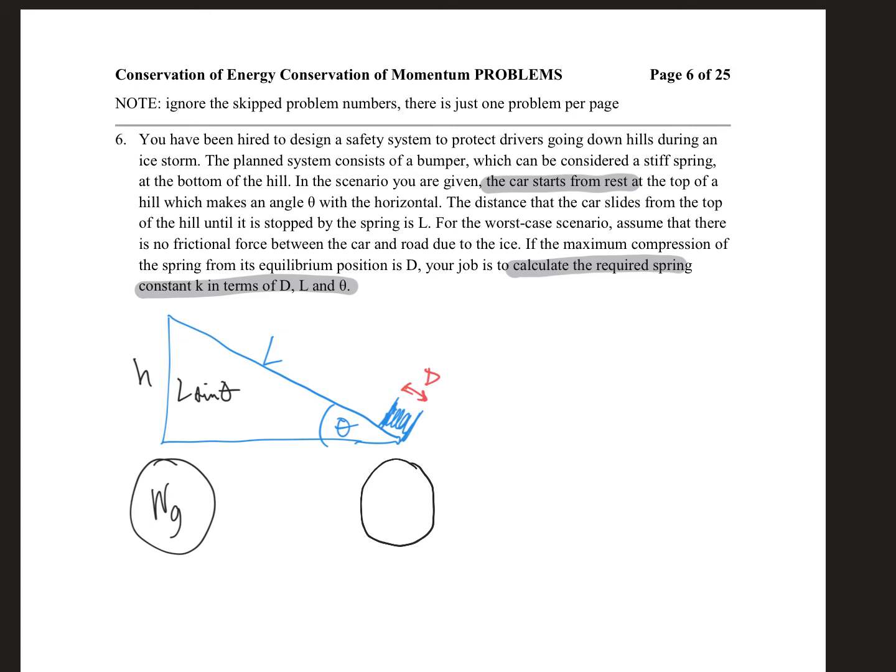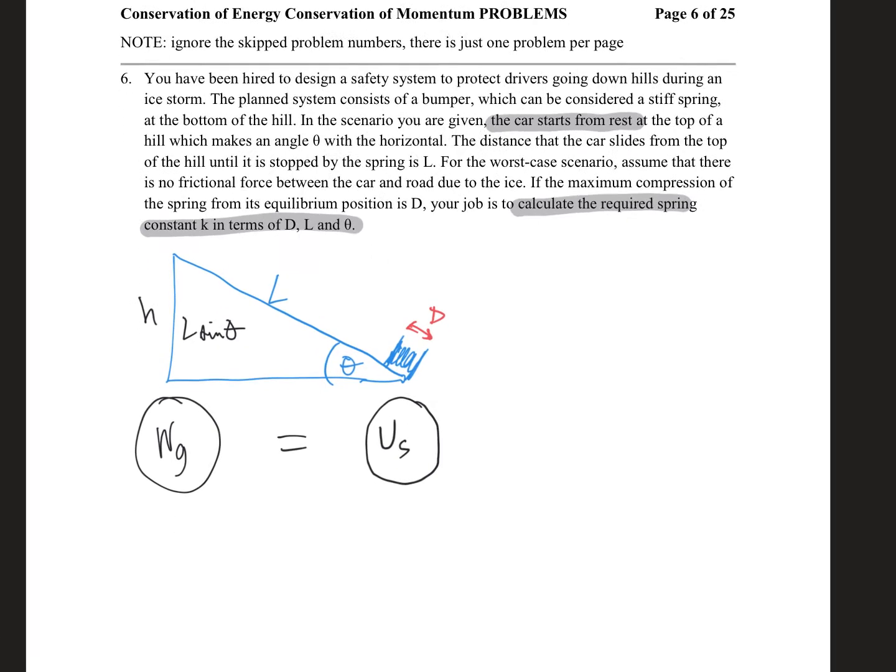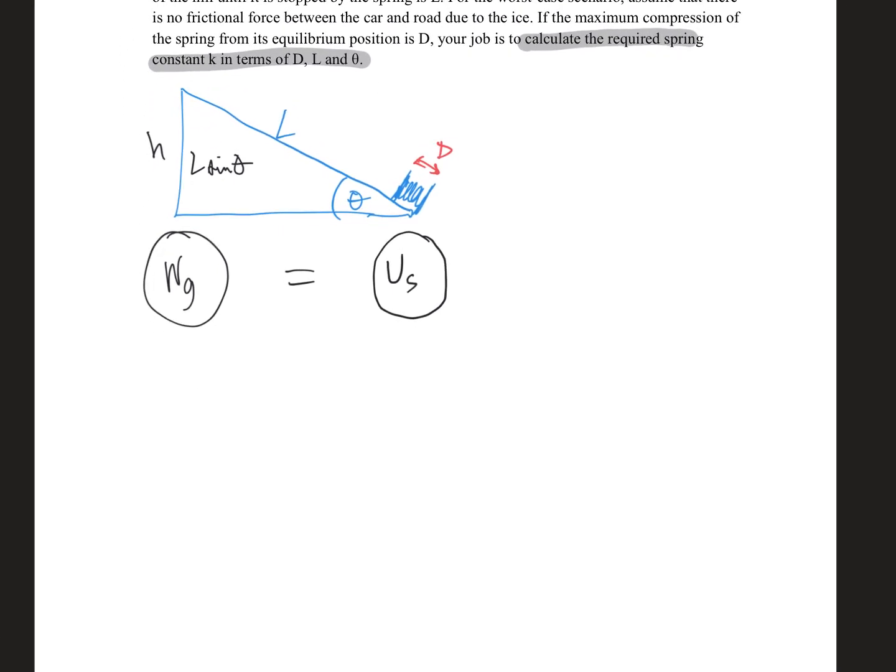Or actually what I should say is potential energy in a spring. So that's our energy balance. Initially it's all this gravity stuff, and then finally it's this spring squashed stuff. So what do I have?